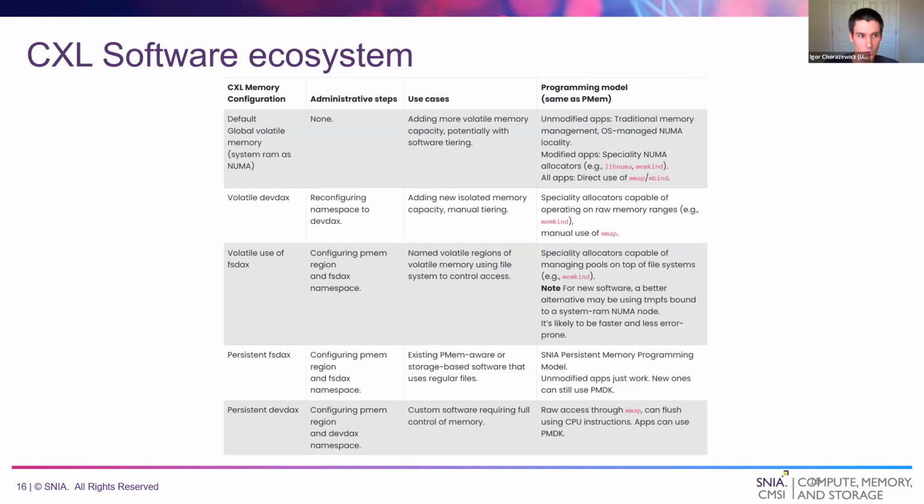So today I will focus mostly on two cases from here. The first one is exposing CXL or PMEM as system RAM, or as a separate NUMA node. And basically, what this allows you to do is to extend the capacity of your system with extra memory that can be used for any purpose whatsoever.